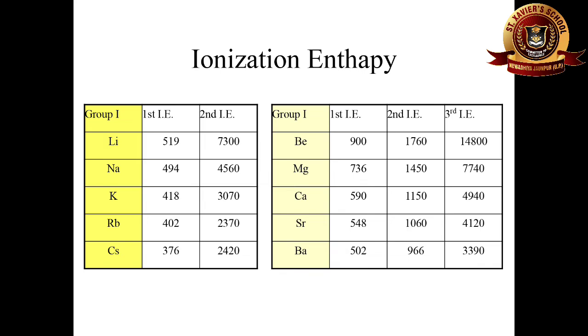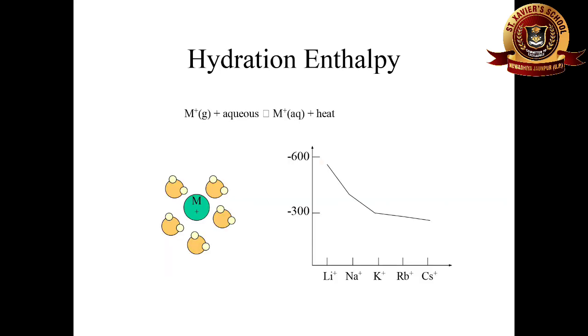Now, the next characteristic after the ionization enthalpy is hydration enthalpy. What is hydration enthalpy? The energy required to hydrolyze any metal ion is called hydration energy, or in other words, after the hydrolysis of any metal ion, the energy released is called hydration energy.